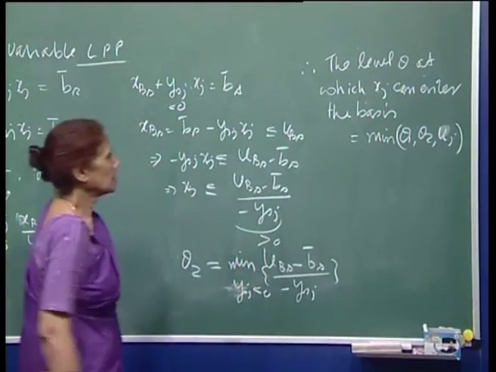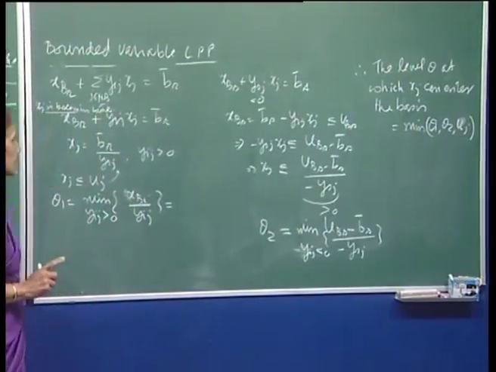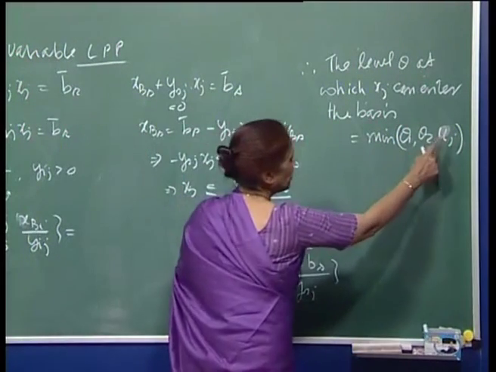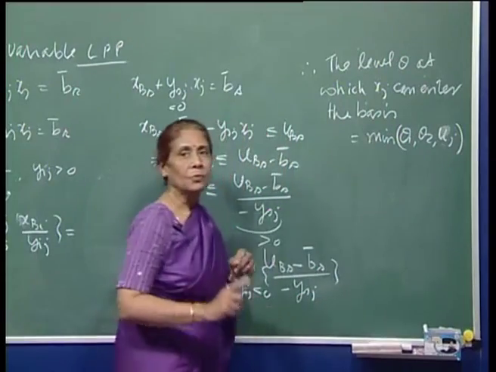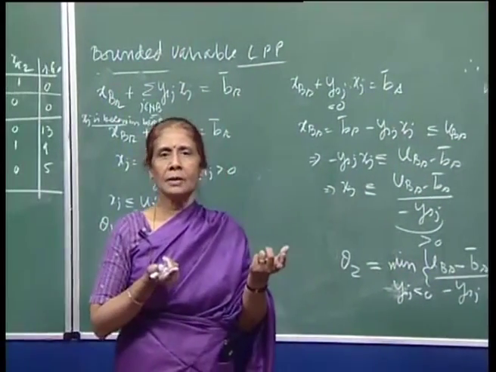So 3 numbers. That means when it enters the basis, it should not violate its own upper bound constraint, and it should not violate another basic variable's upper bound constraint.